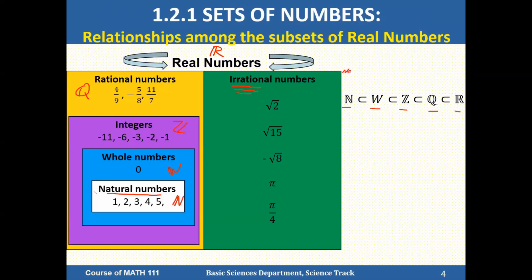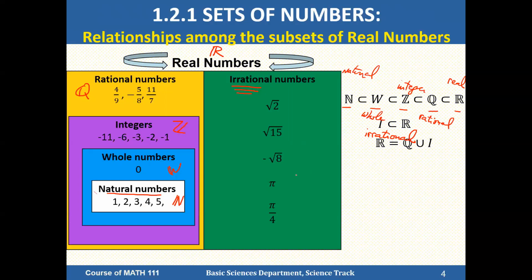So this is natural, whole number, integer, rational, and real. And we have also irrational numbers. So these are the different subsets of real numbers.